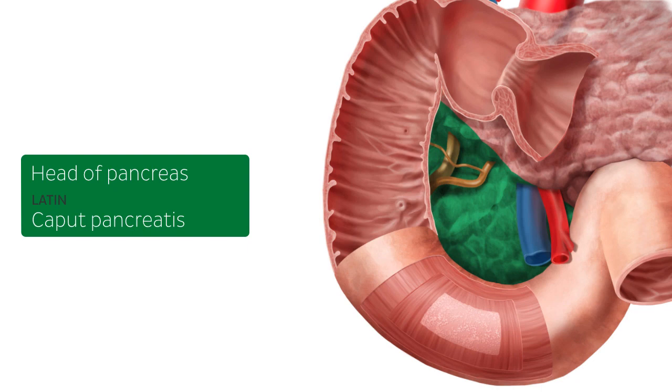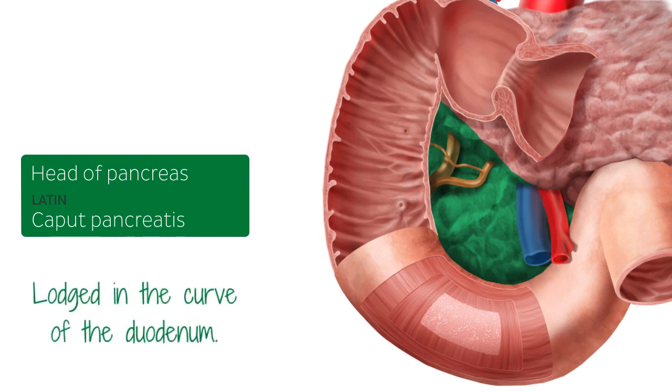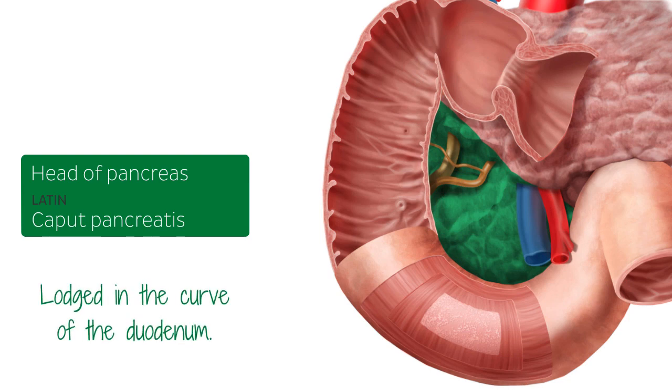So as we're looking at the relation of the pancreas to the duodenum, the final structure we will look at in this tutorial is the head of the pancreas. Now, as you can see from our illustration here, the head of the pancreas is lodged in the curve of the duodenum, coming into contact with the superior, descending, horizontal, and ascending parts of the duodenum.